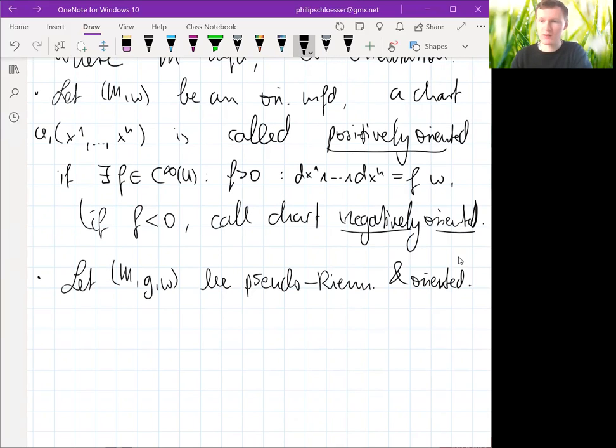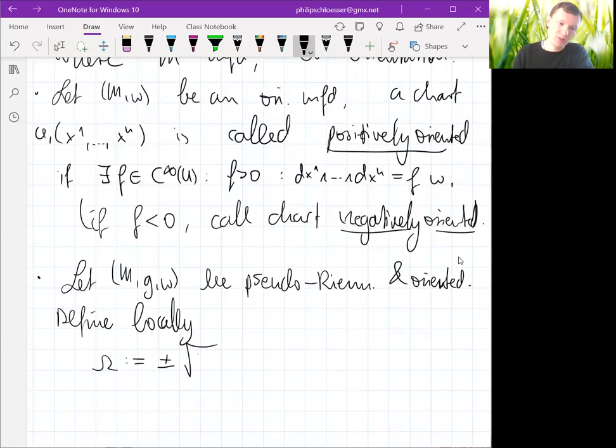Then we define, on a chart, capital Omega to be plus or minus the square root of the absolute value of the determinant of the matrix whose ij-th entry is given by g applied to the i-th unit vector and the j-th unit vector.